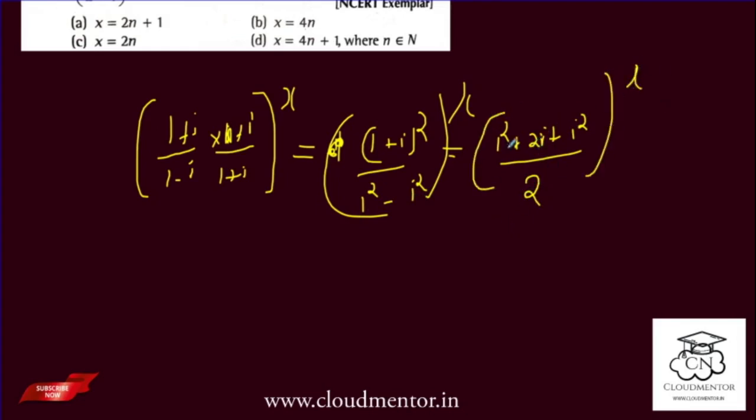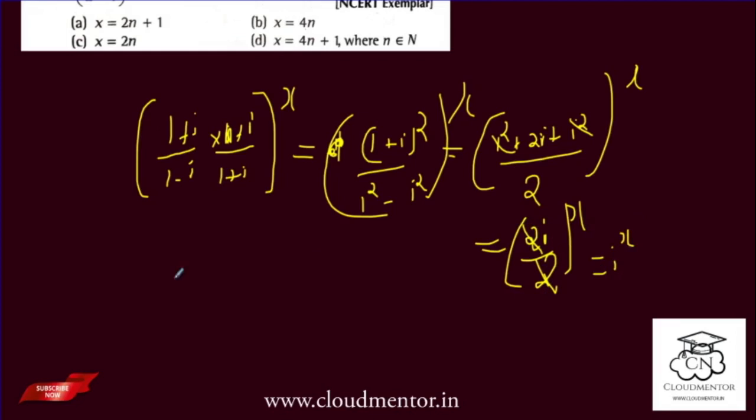Here 1 squared is 1 and i squared is minus 1, and that cancels out, so we get 2i divided by 2, the whole raised to x.